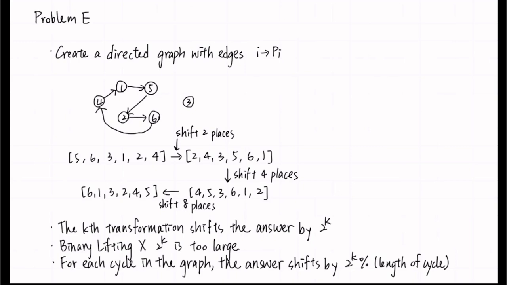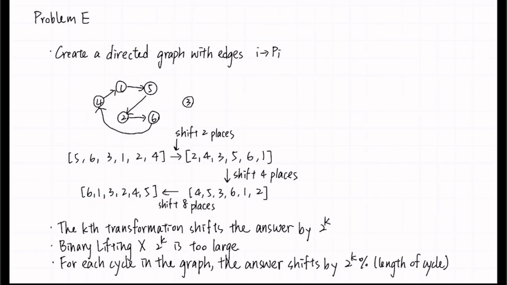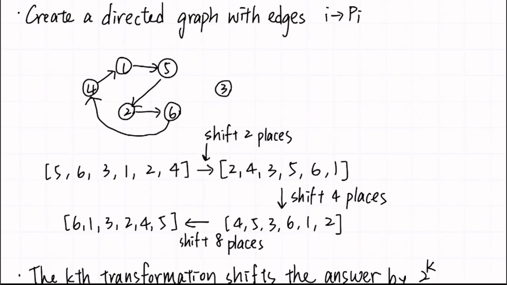For this problem, we can create a directed graph with edges i pointing to p i. So for the sample input, the graph would look like this. And we notice that initially P looks like this, and after the first transformation, each of the locations shifts by 2 places. So initially 5 is on the first location, and then the first location now has a value of 2, which shifts by 2.